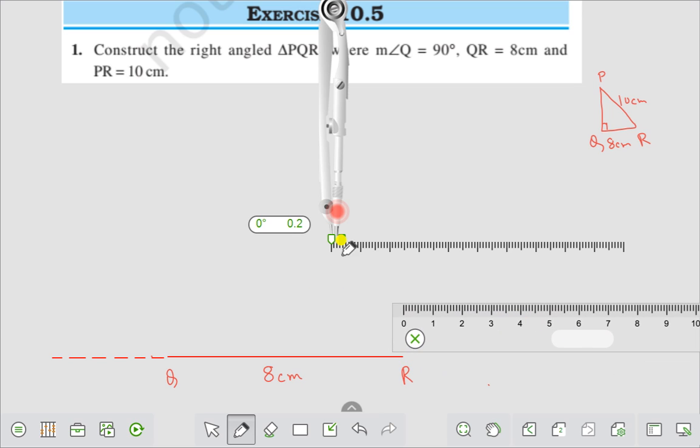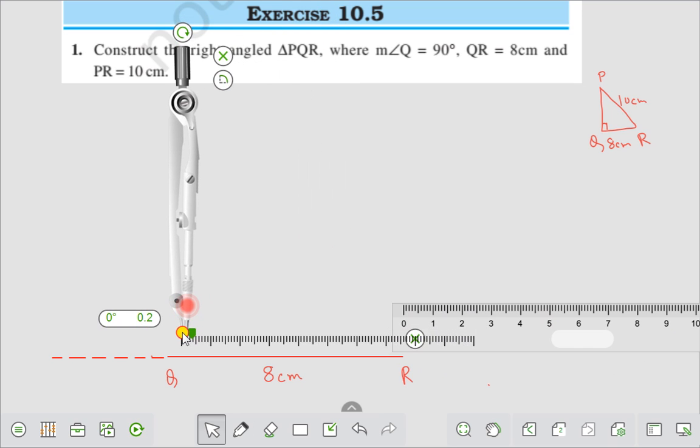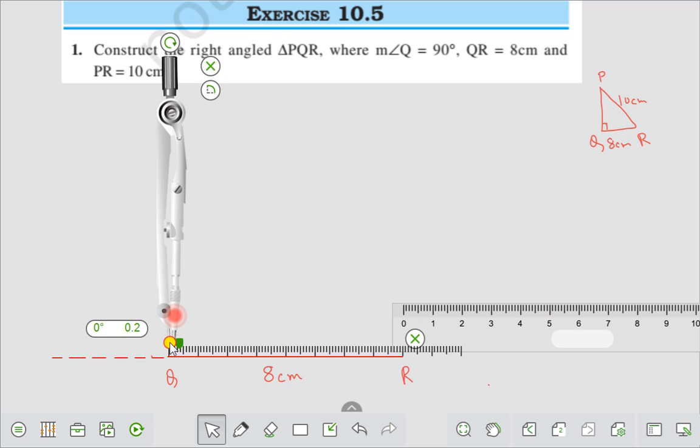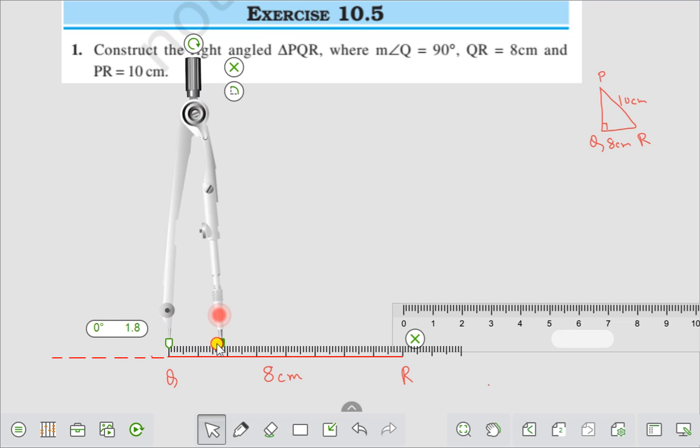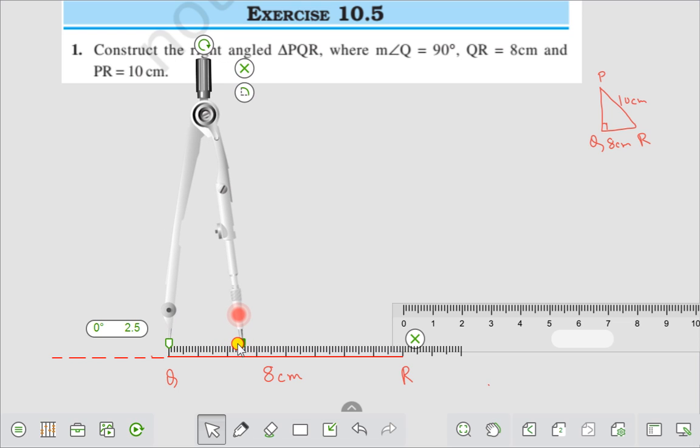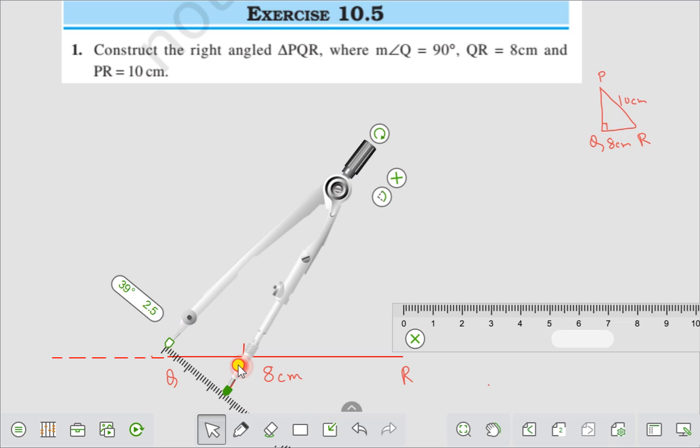Now, with the help of this compass, put the compass at the point Q, right? And draw an arc here.